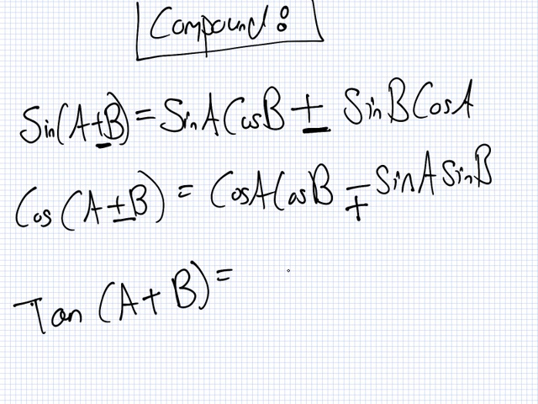Does anyone know tan A plus B then, Mr. A level? There's a division. You're mixing up your double angle formula, it's not this one. Probably, yeah. But there is a division.